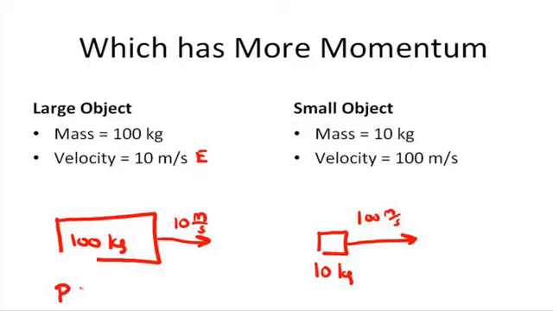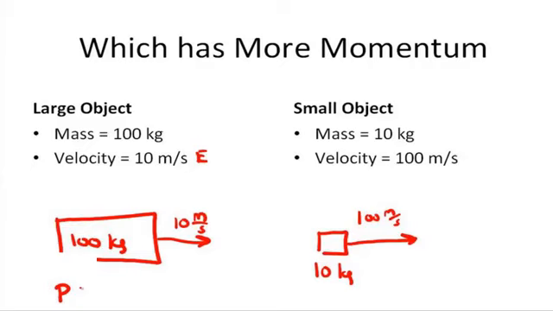So here you can see two objects. One is a larger object and another one is a smaller object. The larger object has a mass of 100 kg and the small object has a mass of 10 kg.